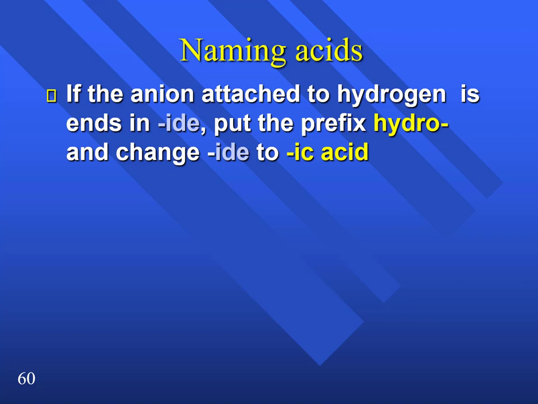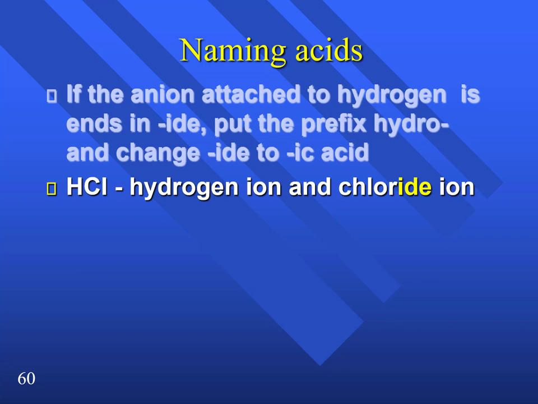And you've heard these words before. The few acids you know the name of follow these rules. You put a prefix hydro in front and stick on ic acid. Because if I put H and Cl together, H is hydrogen, and that's going to make the hydrogen ion, and Cl is going to make the chloride ion.